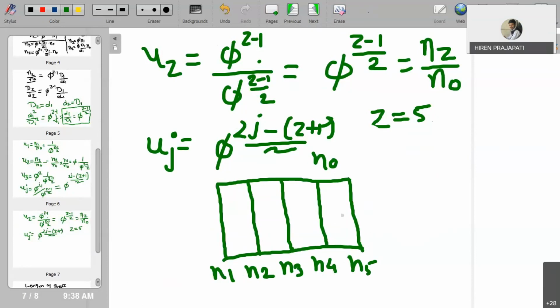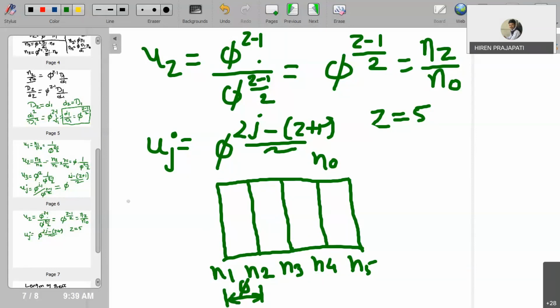But here I have drawn the shafts as horizontal and the speed lines as vertical. That is the only change. The first horizontal line on top is called the input shaft, this is the output shaft, and these lines indicate speed. Each line has a geometric progression of phi.